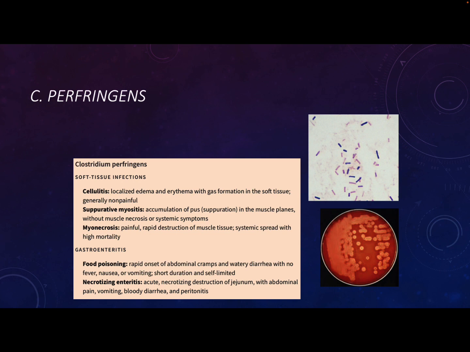And what can happen is it produces gas as a byproduct of its metabolism. So if you have a patient with this and you press where the infection is, you can hear the bubbles and feel the bubbles of gas under the skin. So it causes soft tissue infections, so gas formation in the soft tissue. Weirdly enough, that's apparently not painful.